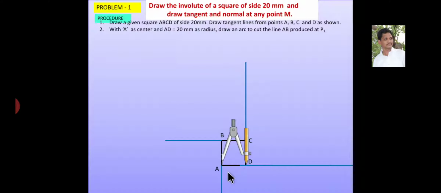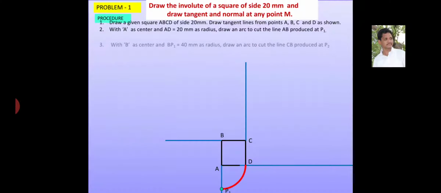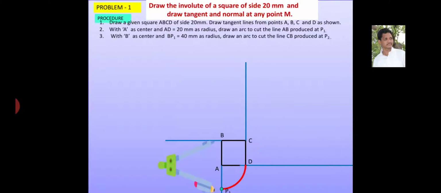So you have to consider A as center and radius AD equal to 20 mm. Draw an arc to cut the line AB produced at point P1. Similarly, B as center and BP1 as radius, draw an arc to cut the line CB produced at point P2.